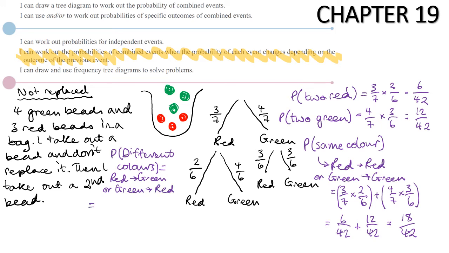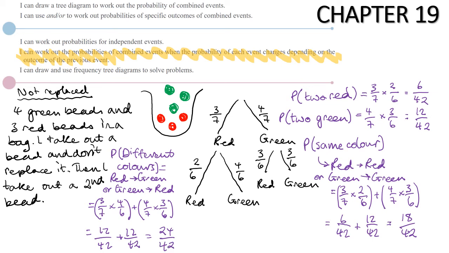So red followed by green is 3 over 7 times 4 over 6. So that's one branch. And the other branch that I'm going to go down is green followed by red, which is 4 over 7 times 3 over 6. So that gives me 12 over 42 plus 12 over 42, which gives a probability of 24 over 42.